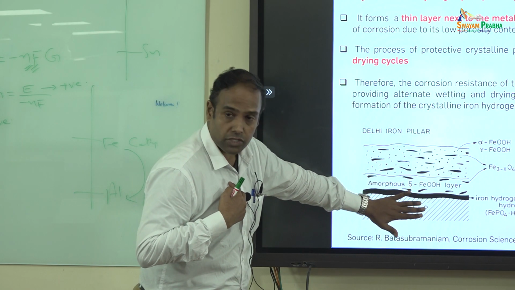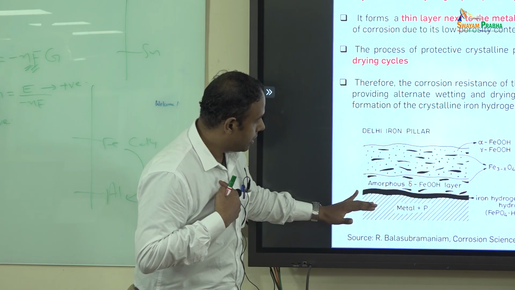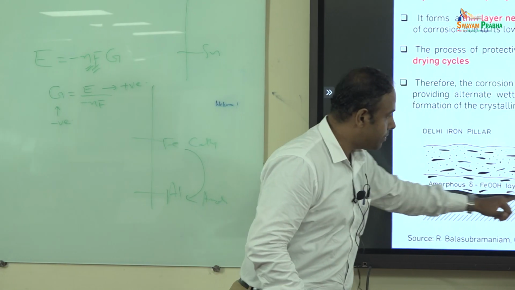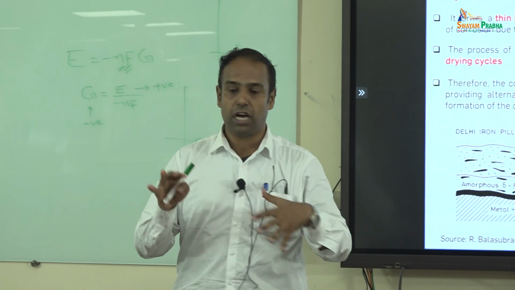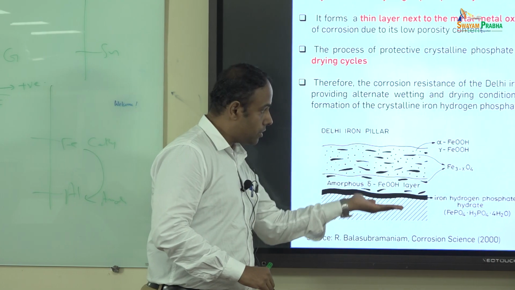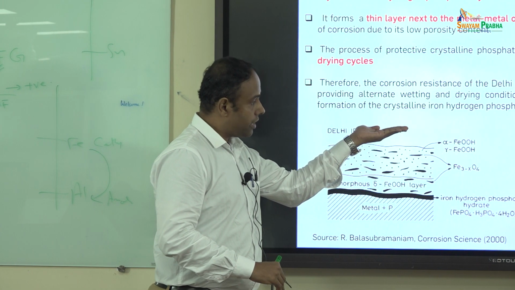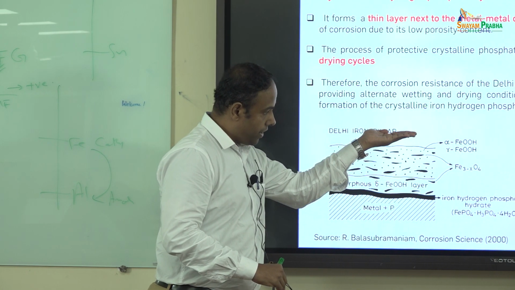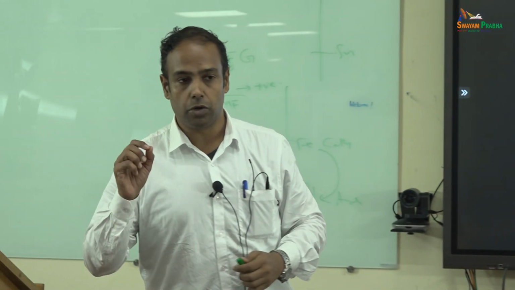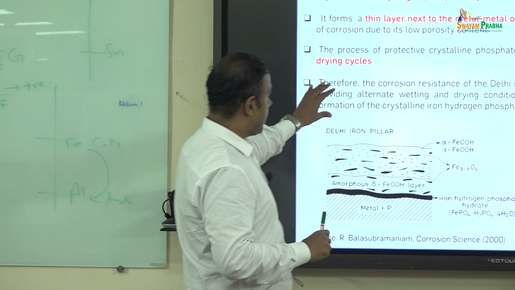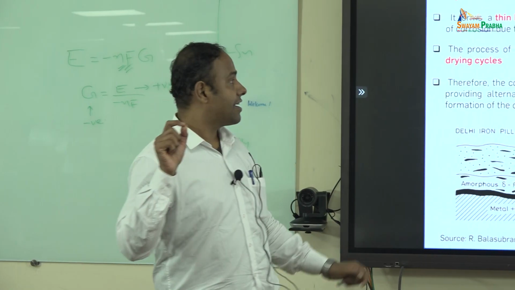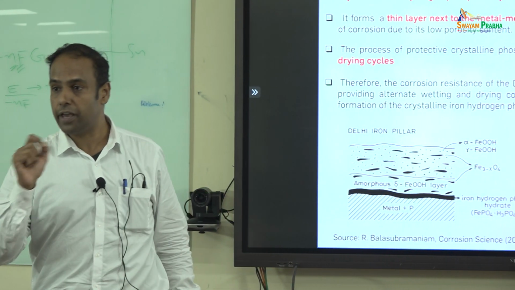But in the case of the Delhi iron pillar, the presence of phosphorus helped form an intermediate layer which retards the metal dissolution from the surface of the metal towards the environment, or the other way around, retards the movement of the environment from the surface towards the metal interface. So the presence of phosphorus has helped keep it corrosion free, or rust free.